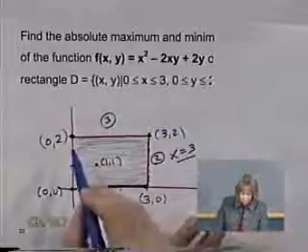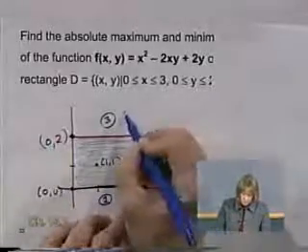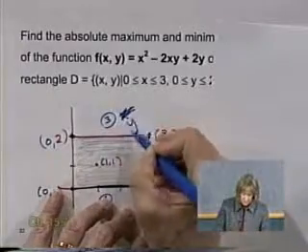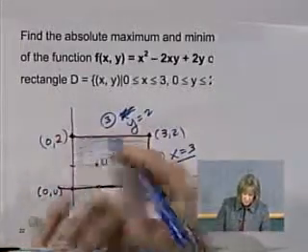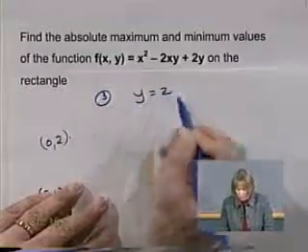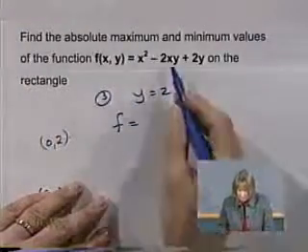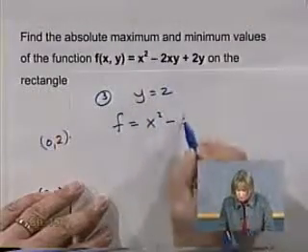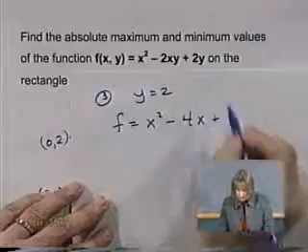On border 3, what do you know about all the points on that border? Oh, the y coordinate is 2, isn't it? Along that whole border, your height is 2. So for border 3, y is 2. So wherever I see y, I put in 2. So 2x times 2 is 4x, plus 2 times 2 is 4.